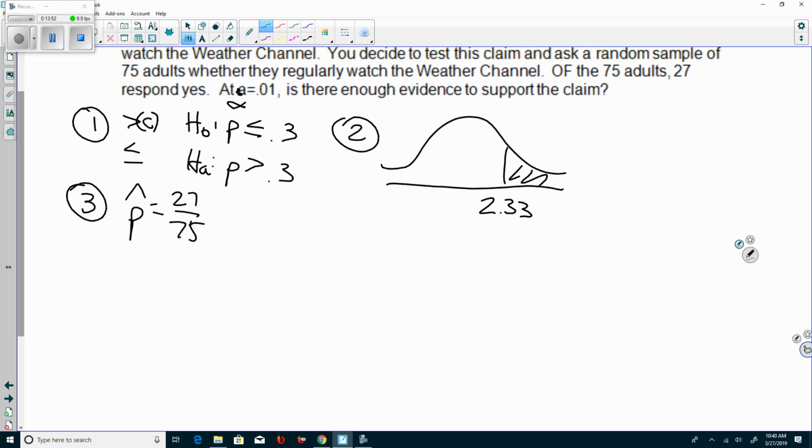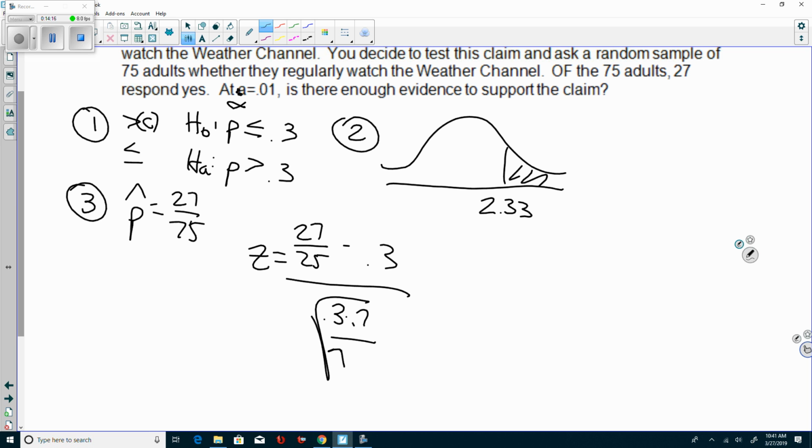Does it stop? No, it keeps going on and on, right? If it was just 0.36, fine. We can use it. But since this is non-terminating, just going on and on, we want to make sure in our formula we use 27 over 75 minus 0.3 all over the square root of 0.3 times 0.7 all over 75, right?